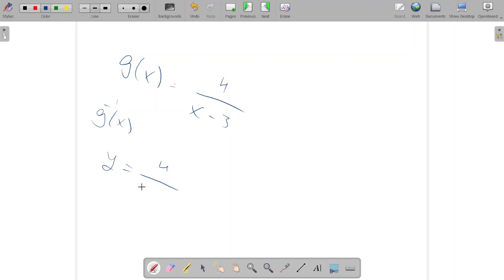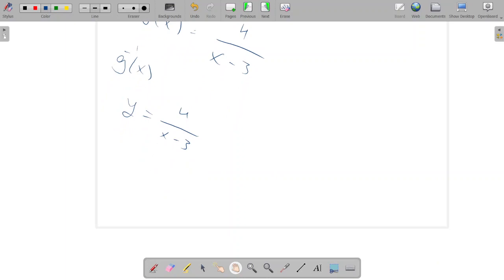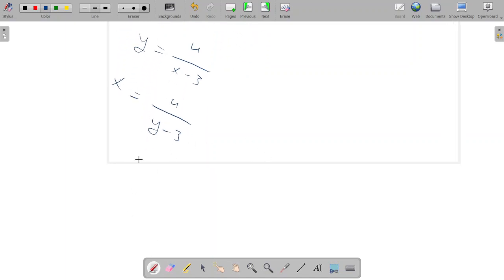So it's going to be y equals 4 over x minus 3. After that you flip the values of y and x, so it's going to be x equals 4 over y minus 3, and then you try to make y the subject, so y minus 3 is going to be equal to 4 over x. It means that y is going to be equal to 4 over x plus 3.